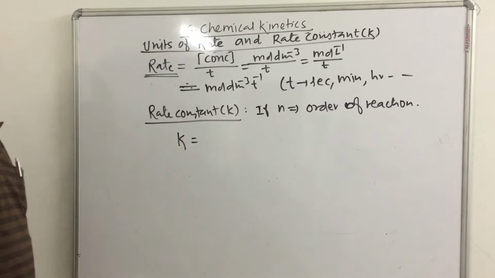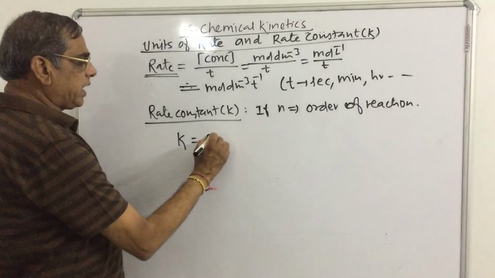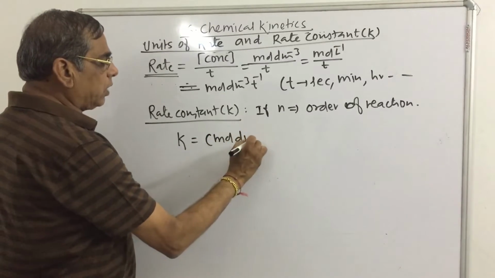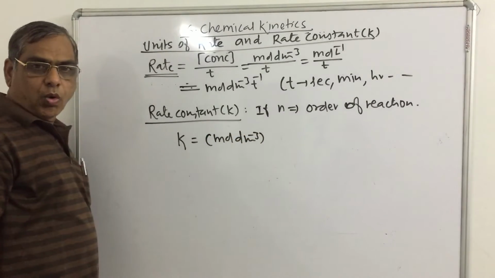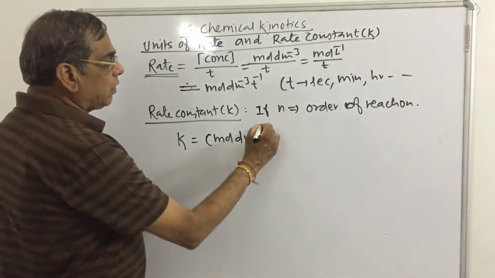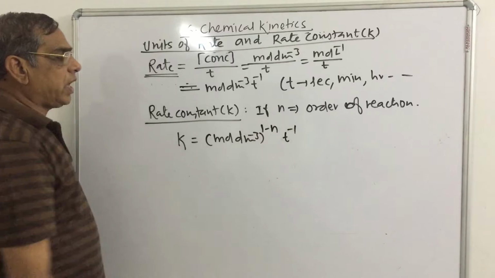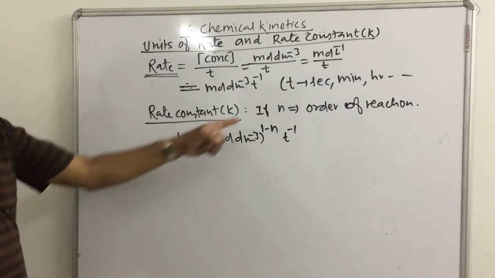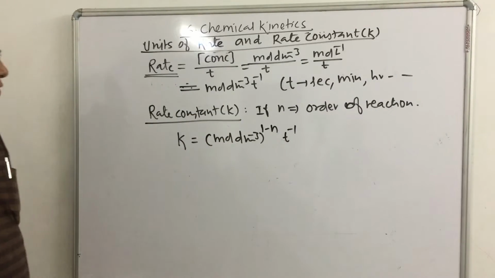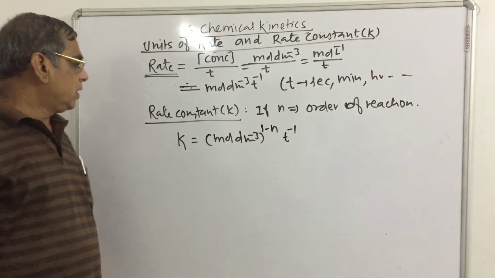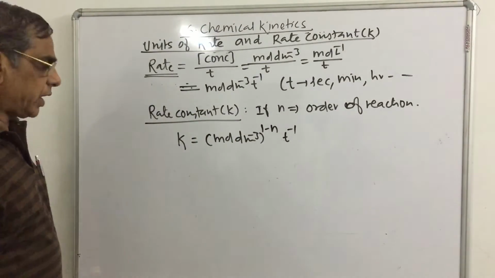Generally the unit of a rate constant is expressed like that: mole per dm cube, or mole per liter, to the power 1 minus n, and time inverse, where n is the order of reaction. By using this you can calculate the unit of a rate constant K.